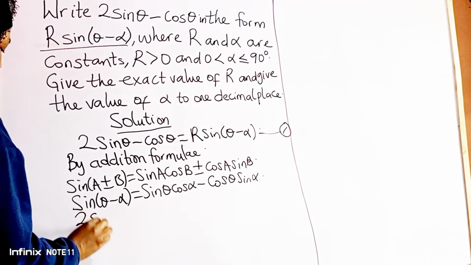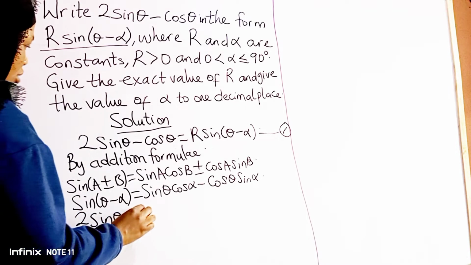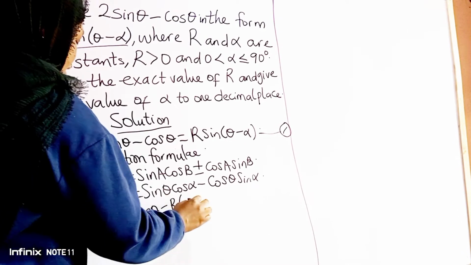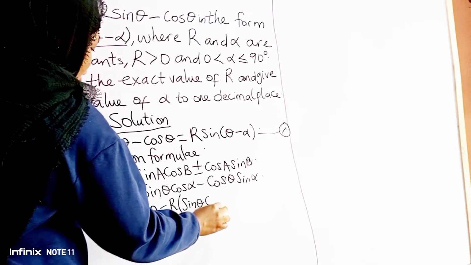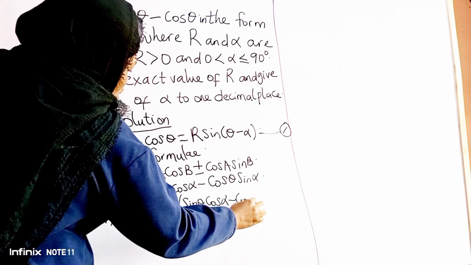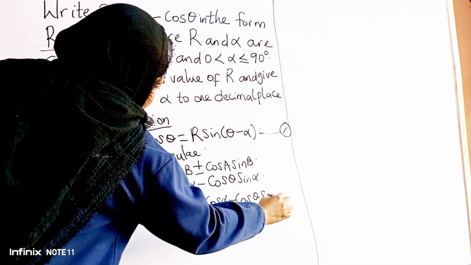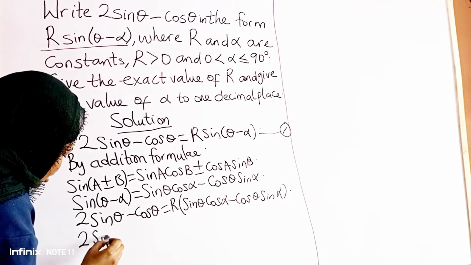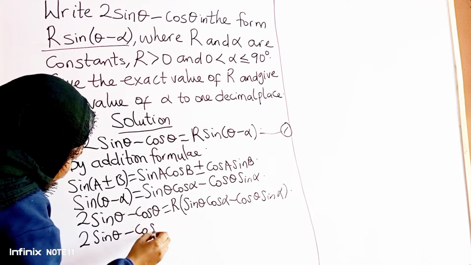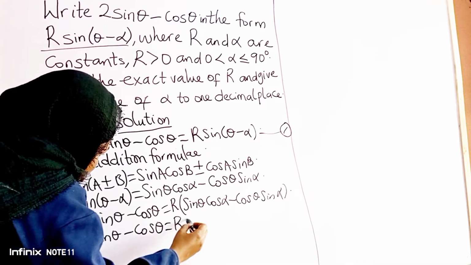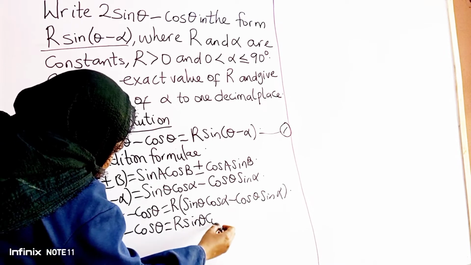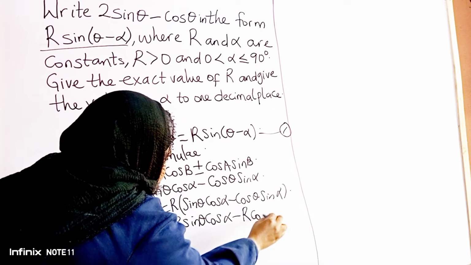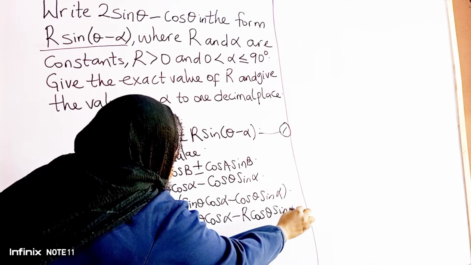So 2 sin θ − cos θ will now be equal to r(sin θ cos α − cos θ sin α). So this becomes 2 sin θ − cos θ equal to r sin θ cos α − r cos θ sin α.